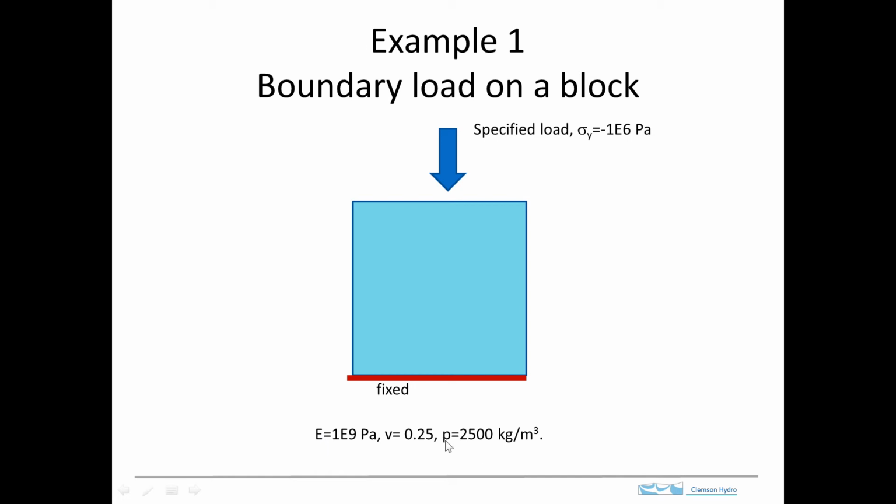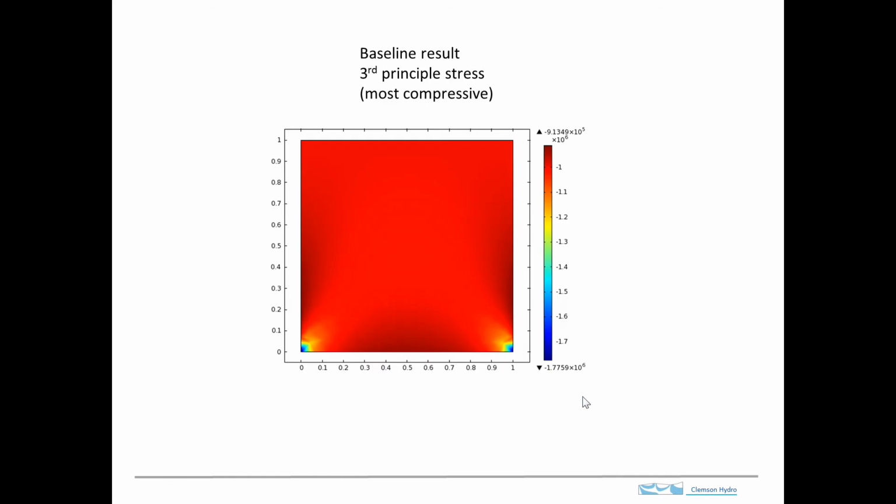When we do that, we'll get a stress distribution that looks like this. So we're pushing down on it, and the stress, the red color here, is minus 1 times 10 to the 6th. So that's the stress that we applied here.